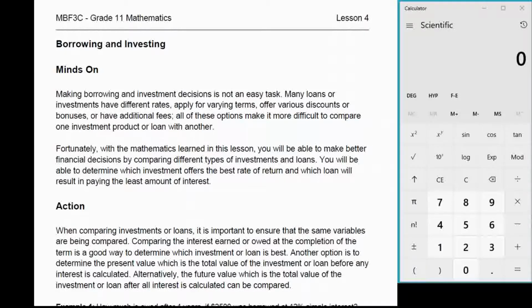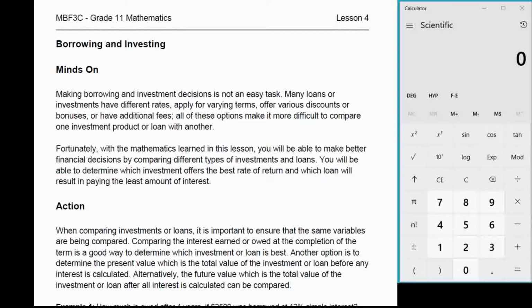When you're looking for a loan or you're looking to invest some money, you'll be presented with a number of options in terms of different terms that you need to pay back a loan, or different interest rates, or different compounding periods, when you would make payments, a number of these different things.